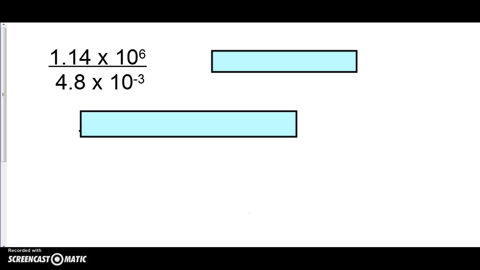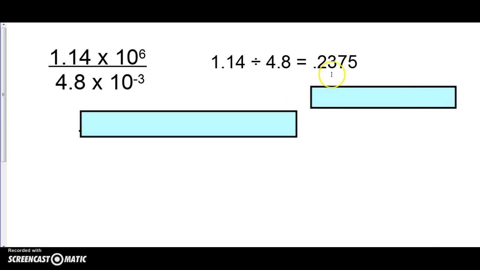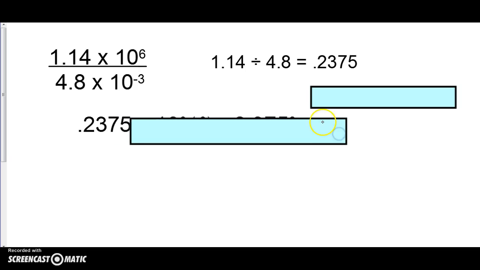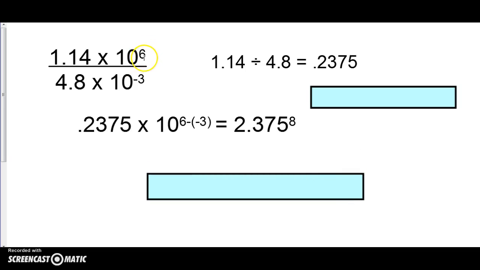All right, so again, divide the first factors together. And I had 0.2375. But remember, you want at least one to the left of the decimal, so we are going to need to move it over one in our final answer. Then notice here, we have 6 take away a negative 3.